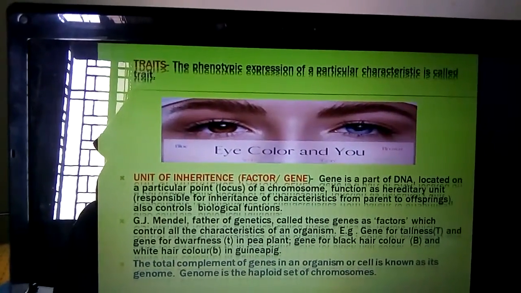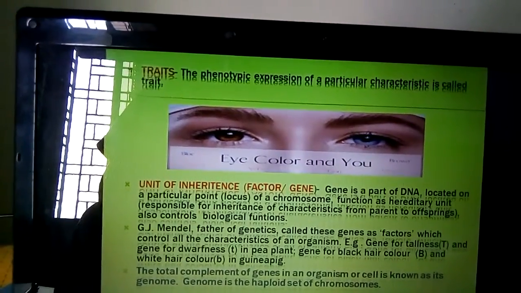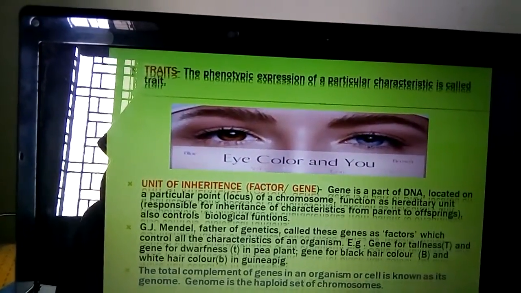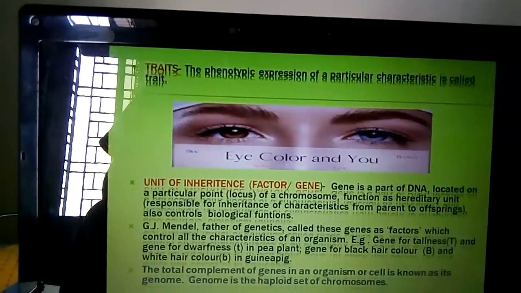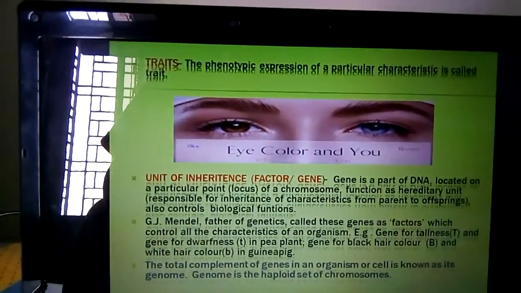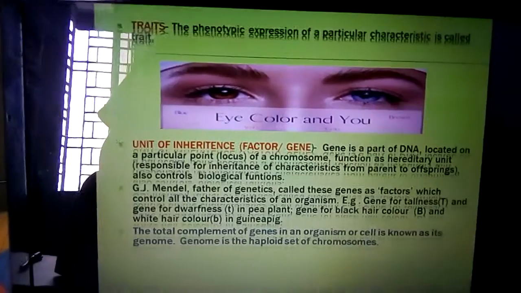So in a single cell, these 23 chromosomes are present. The total number of genes in this haploid set, meaning the 23 chromosomes, is known as the genome.